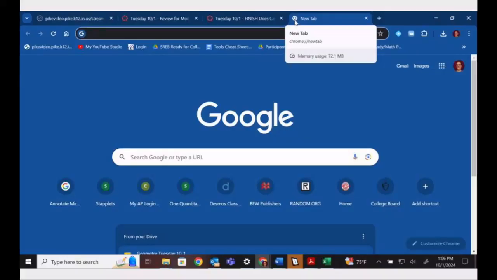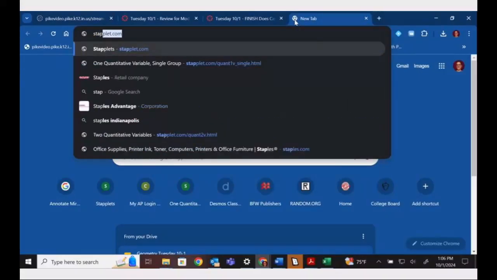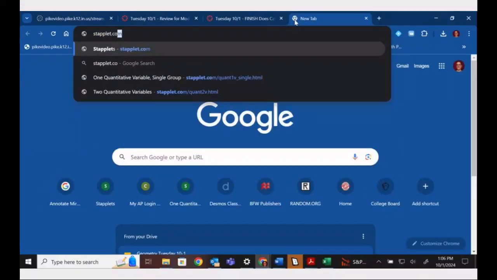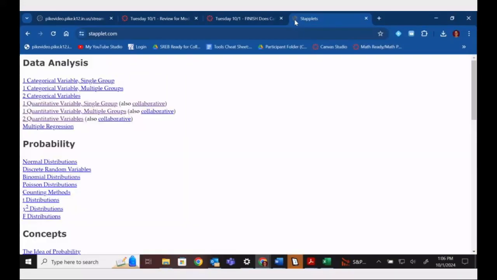All right, so we're going to go to staplet.com. What kind of variable or variables were we working with? Quantitative or categorical? Quantitative. How many variables were there for quantitative? 1.